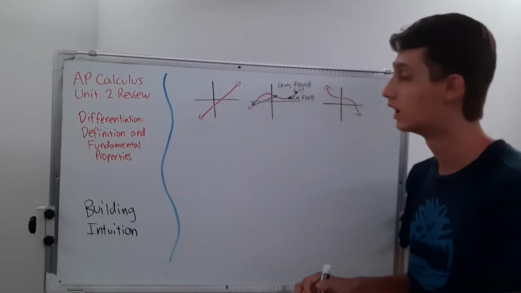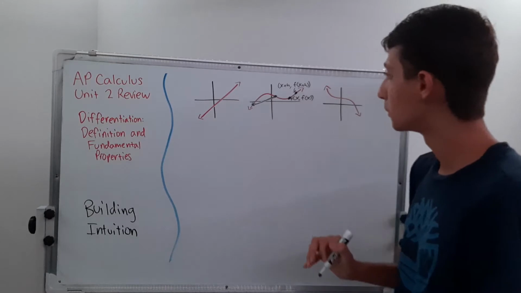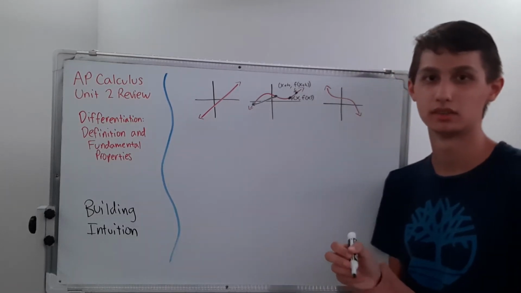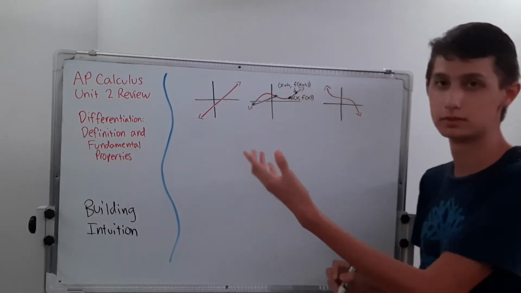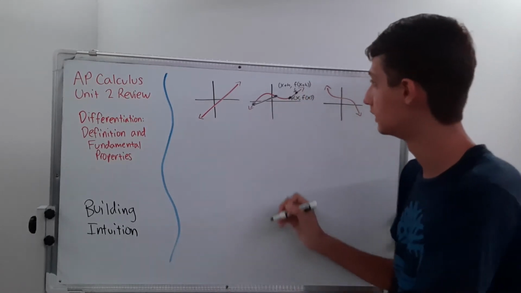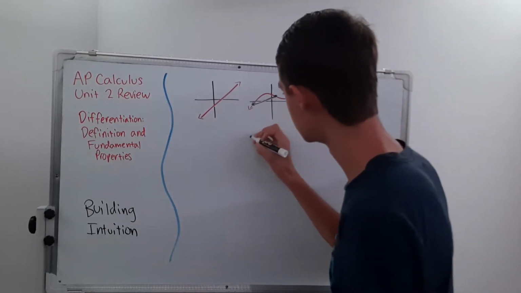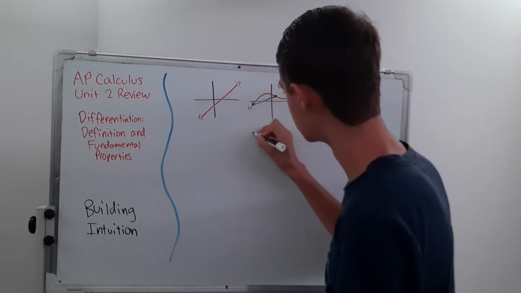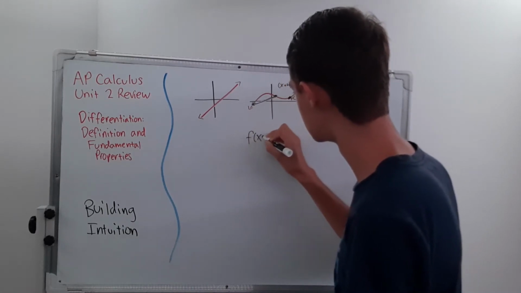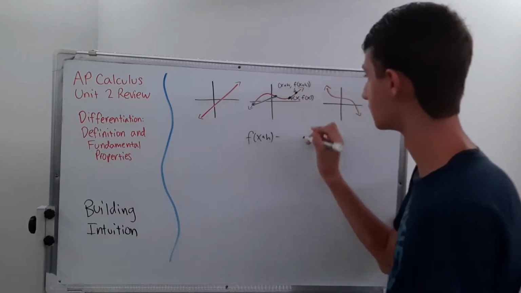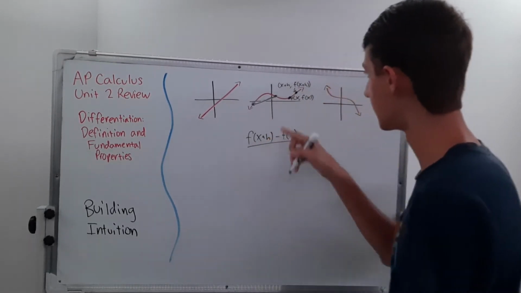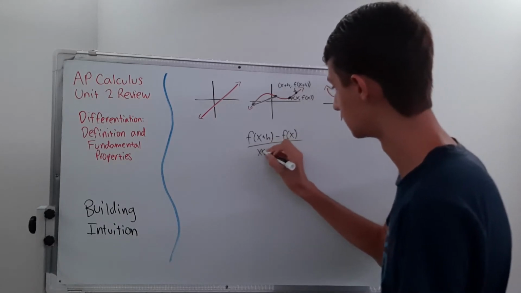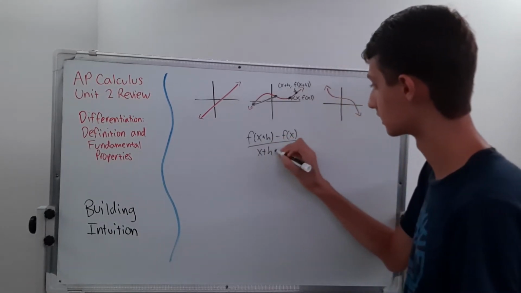So if we want to find the slope between these two points, we can definitely do that. That's going to be f of x plus h minus f of x, so our two y values, over x plus h minus x.